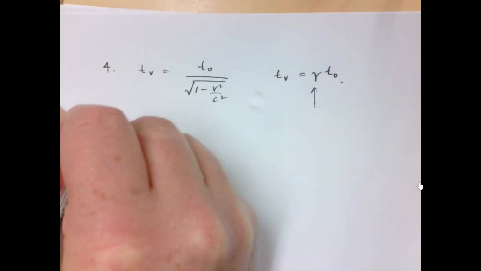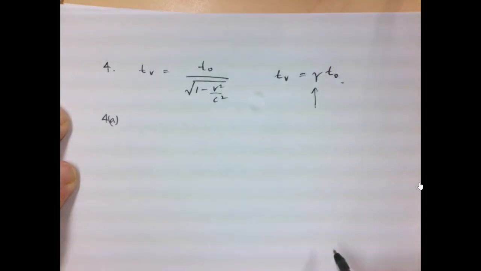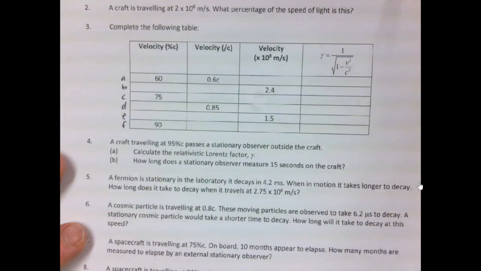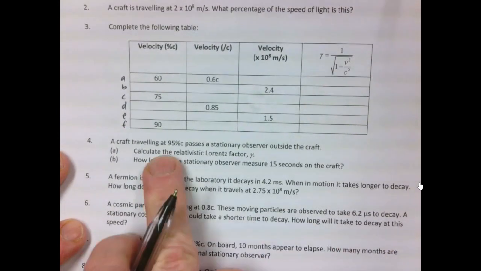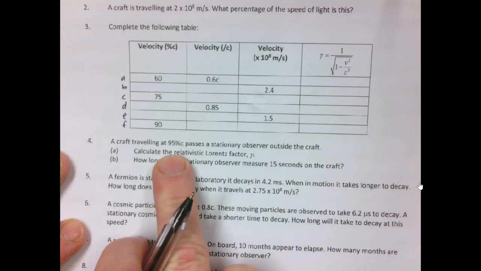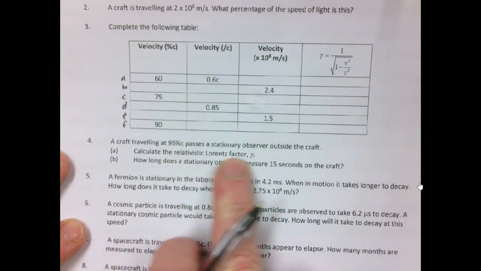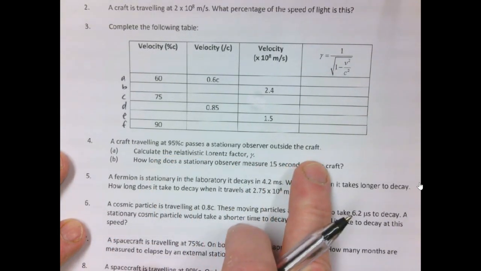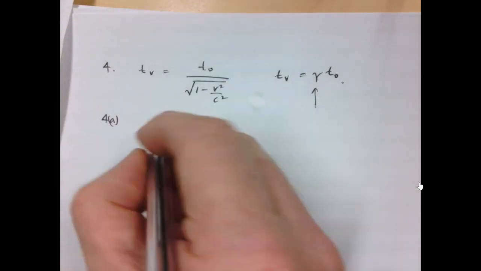So 4A, it says a spacecraft, look at it first. The spacecraft is traveling at 0.95 the speed of light and passes a stationary observer outside the craft. Okay. The first thing we're asked to do is calculate that gamma factor.